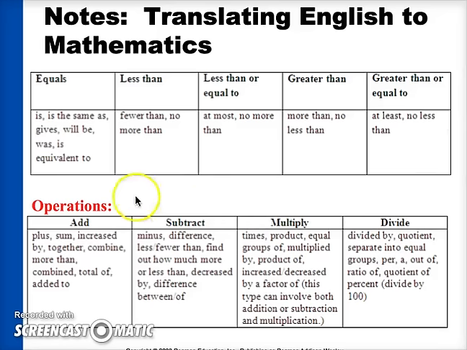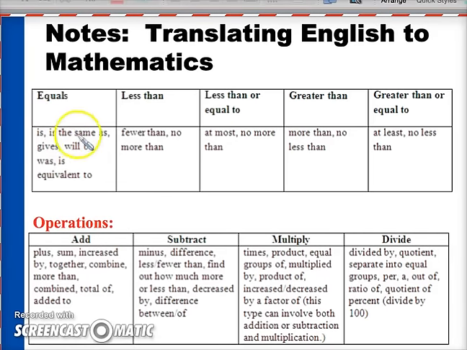Take a look at here. Okay? When you see the word is, this is the same as, gives, will be, was, is equivalent to, all of these or similar wording are considered equals. When you hear a word like less than, fewer than, no more than, those are like less than, and then vice versa for greater than.